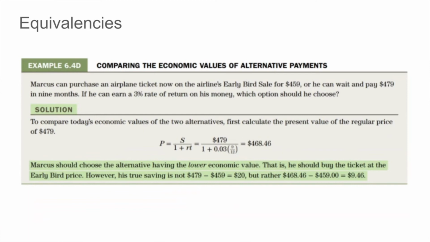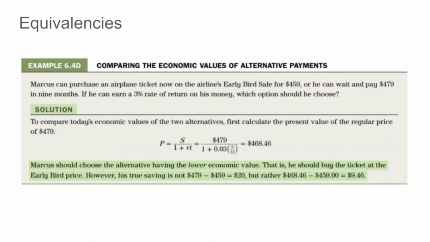If he can earn a 3% rate of interest on money, what option should he choose? Well, we can find out the present value of the $479 and say, how much is that worth now? So assuming 3%, the present value of $479 is $468.46. So he can buy a ticket now for $459, or the equivalent value of the $479 now is $468.46.